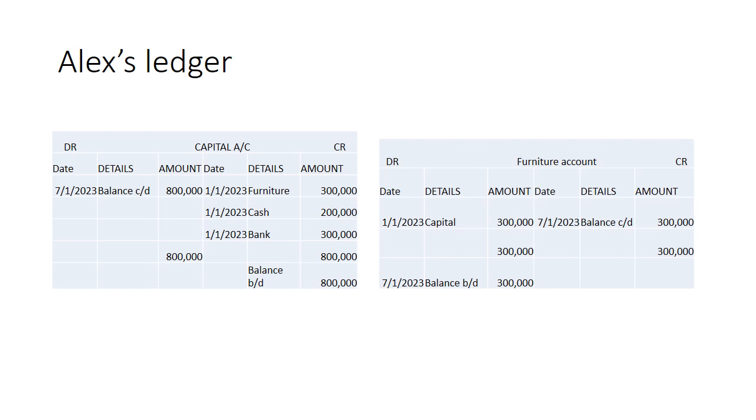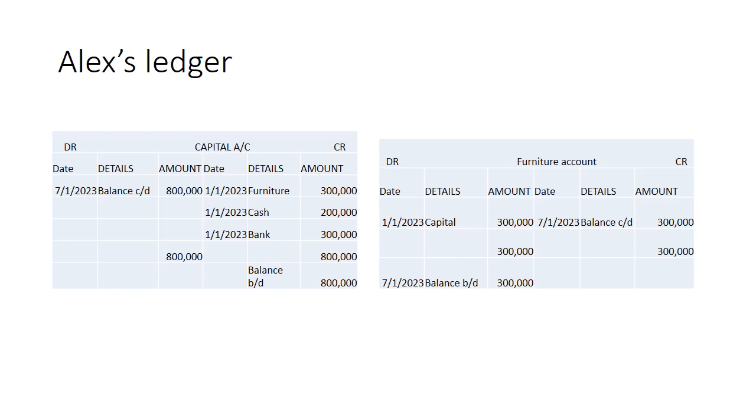300,000. We didn't have any further transaction until the end of the week. So we end up with a total of 800,000 on the debit column, and the same for the credit column.